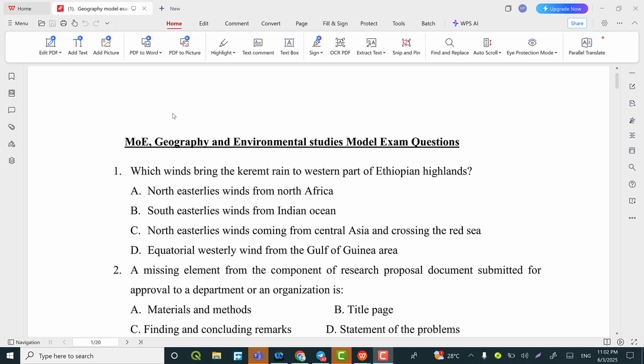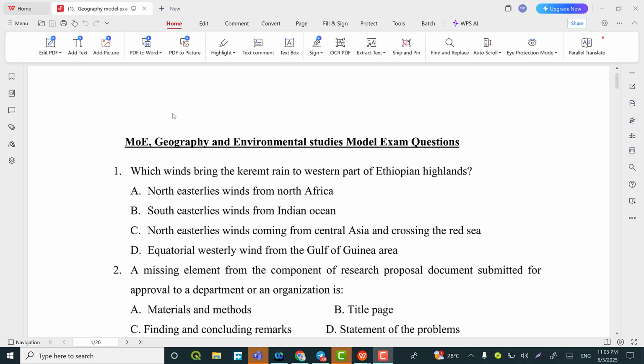As you know, during the kiremt season in Ethiopia, mainly in June, July, and August, the high pressure cell and low pressure cell have their own significant contribution. So during the kiremt season in Ethiopia, there are two types of wind responsible for the kiremt rain. The first one is the equatorial westerlies, which originate from the Atlantic Ocean through the Gulf of Guinea, and the second one is the southeasterlies from the Indian Ocean.